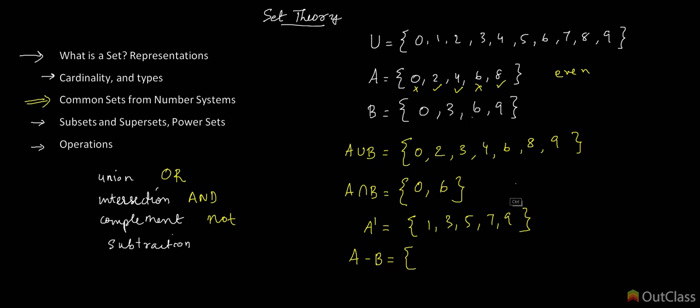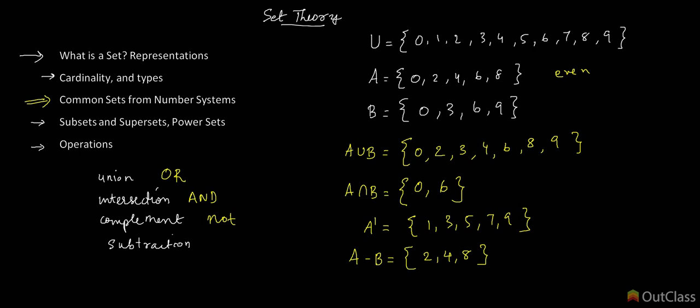So basically from the list of elements in A, strike out the ones which are also present in B. So then you will get A minus B as the set 2, 4, 8. One question you will have is, what do you do with the elements that are present in B but not in A? Don't do anything, ignore them. Quite simple as that. So these are the 4 basic operations that you see on sets.